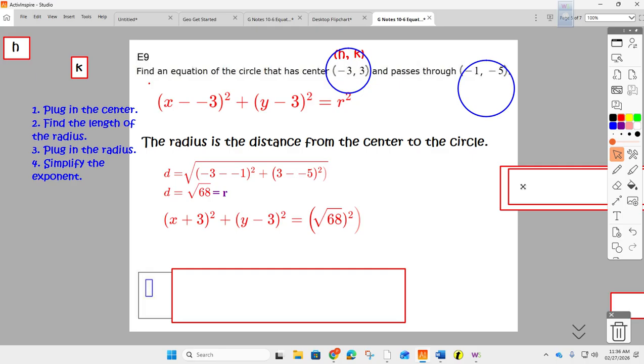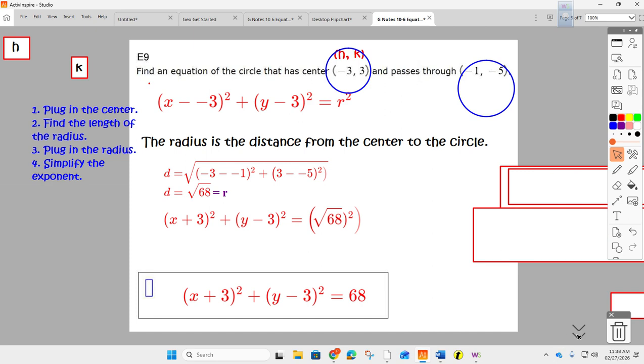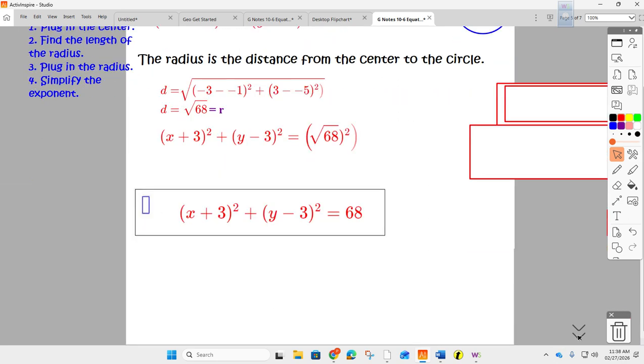But you can do that on your calculator. So press 68 square root, and then hit x squared, and you see you get 68. So that's going to simplify to just x plus 3 squared plus y minus 3 squared equals 68.